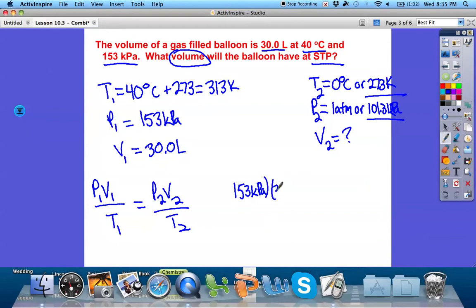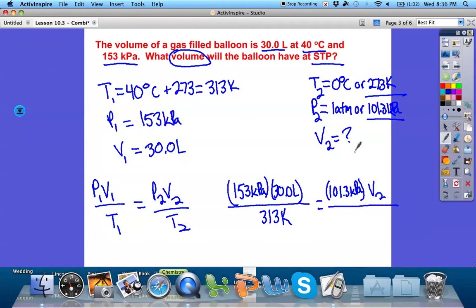V1 is the 30 liters. And T1 is 313 Kelvin. P2 is 101.3 kilopascals. And V2 is what we're looking for. T2 is 273 Kelvin.